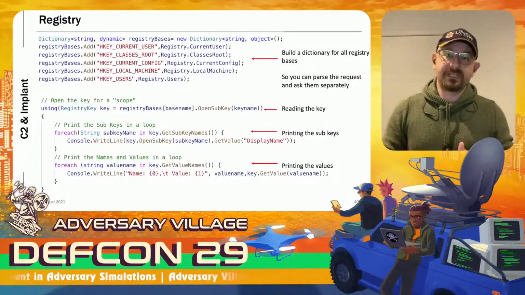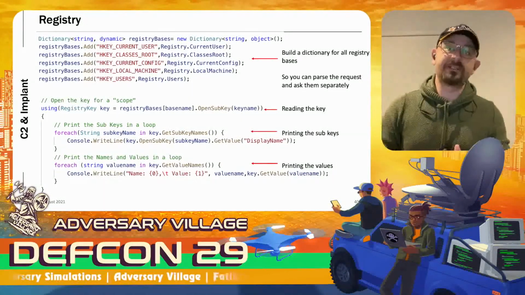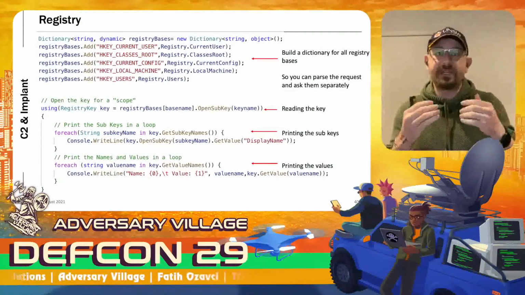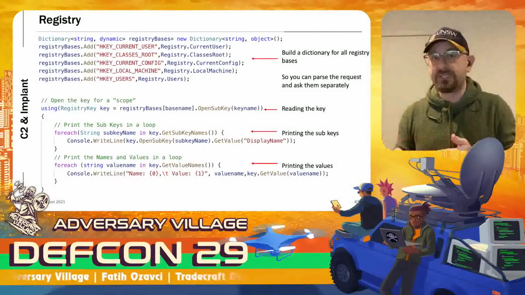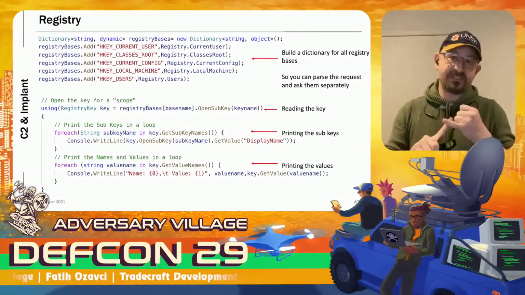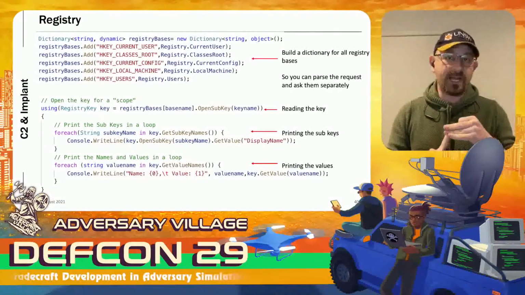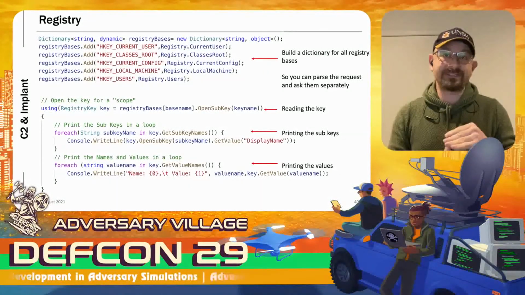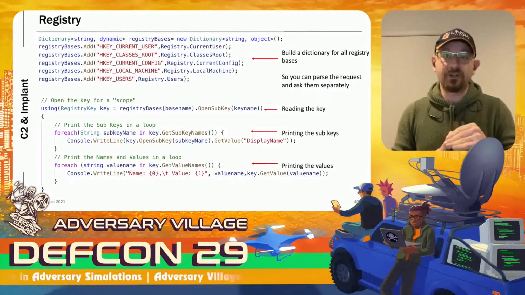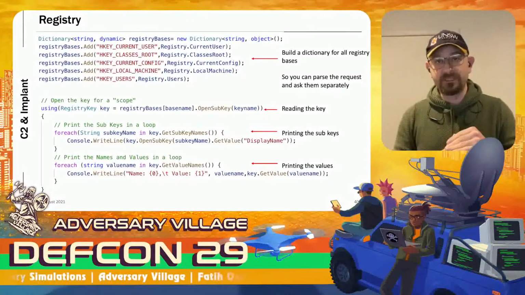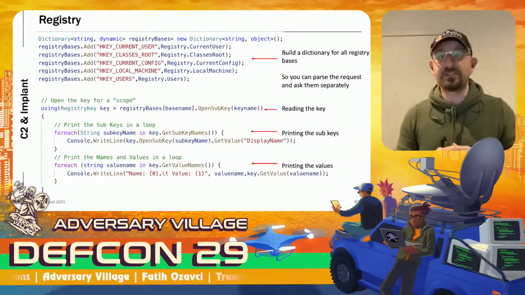Now, registry. It is one common feature we need. Registry is important because we need to add some registry keys or remove some for different purposes. Persistency is one of those. But there are also privilege escalation, COM hijacking, and lateral movement techniques. They involve some registry operations. To do that, we need to understand how the registry works.